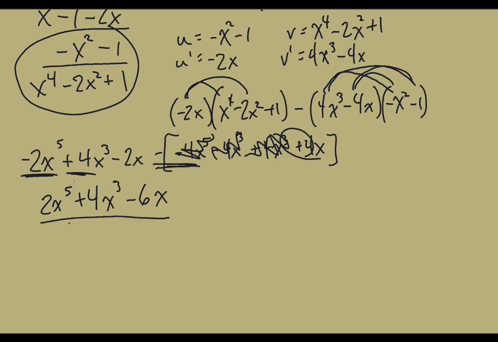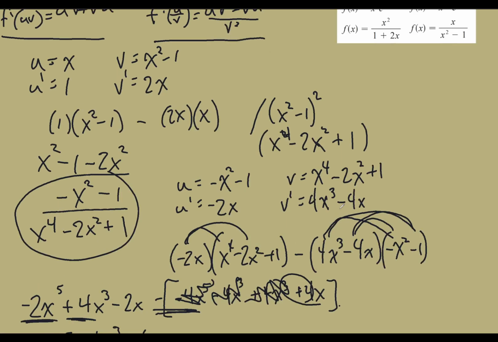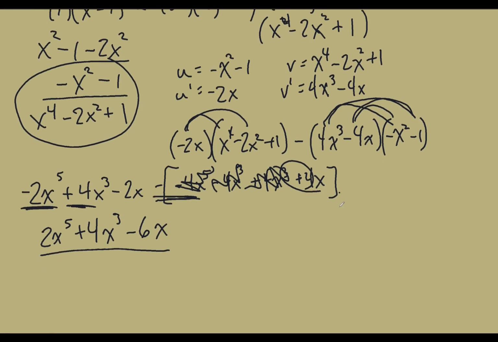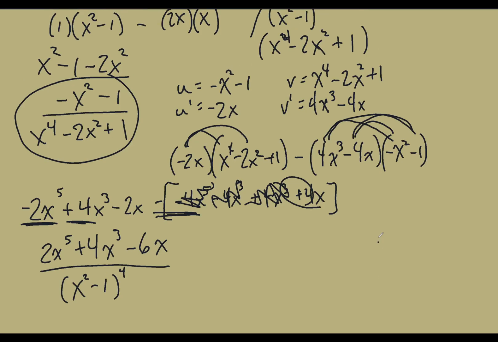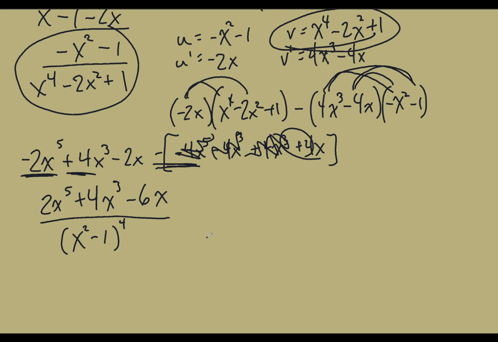over, what was the original denominator? X squared minus 1 to the fourth. Right, this is an expanded version of x squared minus 1 squared. And then we squared again to get to the fourth.